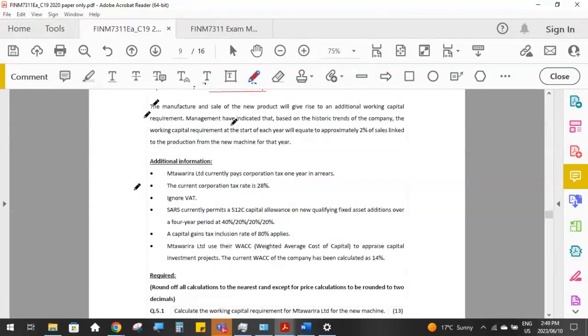The manufacture and sale of the new product will give rise to an additional working capital requirement. So besides investing the money into the machine that we're going to buy, we also have to invest extra money into our working capital. So what's your working capital? Your working capital is all of your current assets and current liabilities.